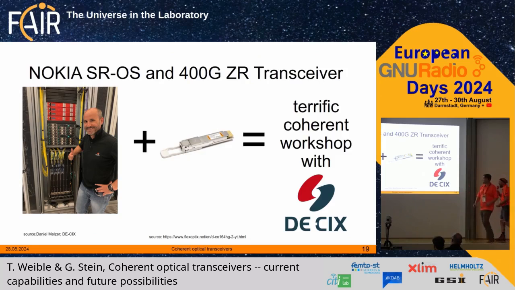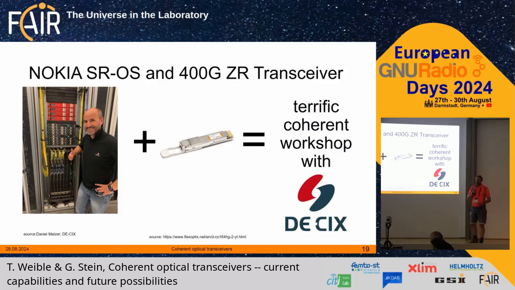So what we did is we took a pluggable module, looks like here in the middle, and talked to DKIX in Frankfurt. They operate one of the biggest exchanges around the globe. And the GSI and FAIR network is also connected to the DKIX. So when you're surfing the internet, you will most probably be transmitting on those modules.